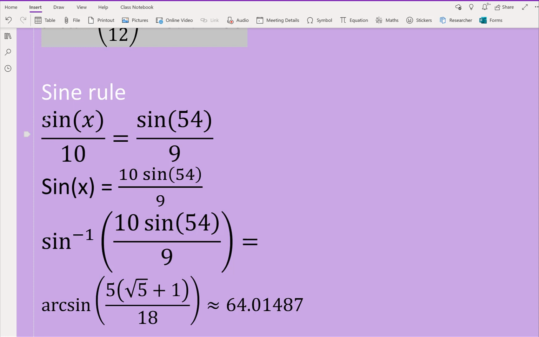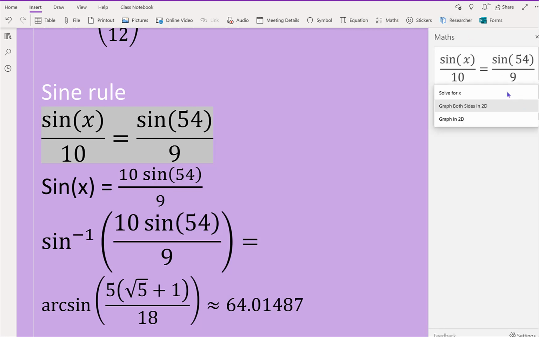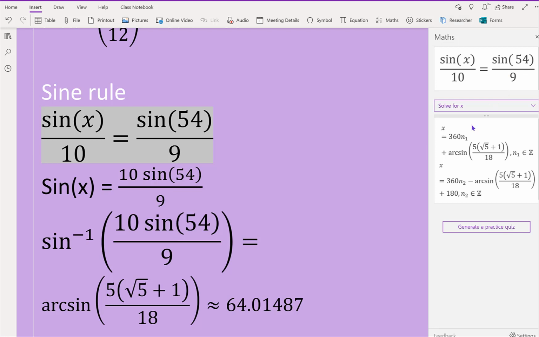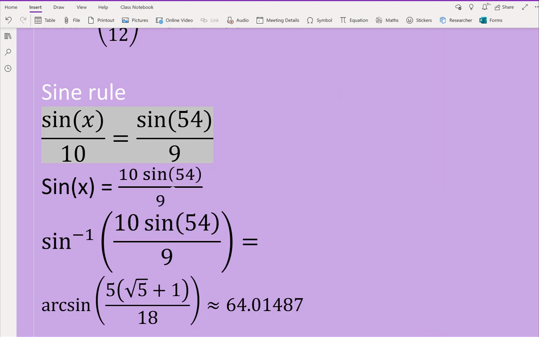Now I have a sine rule. I'm using the sine rule for this equation. And when I try to find x, it doesn't give me the answer that I want, not the kind of answer that I want. So I know straight away I need to rearrange the whole equation. So what I ultimately want is the angle x.